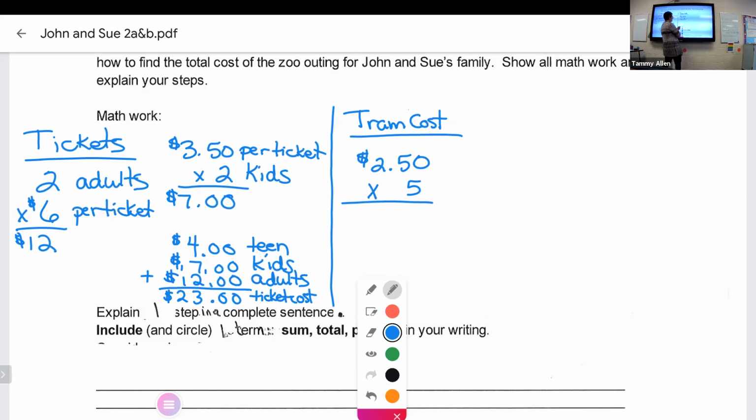Each cost for a tram card, right? $2.50 for each ride on the tram car. So each ticket? What is the 5? How many family members are on? So 5 tickets? Go ahead and do that multiplication and see how much money we're spending on the tram cars.